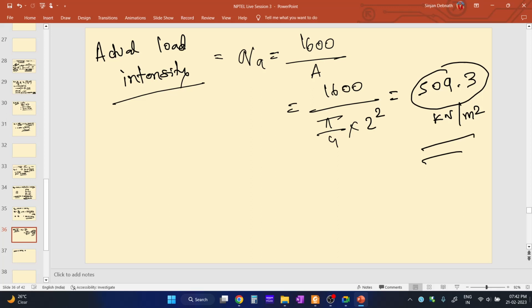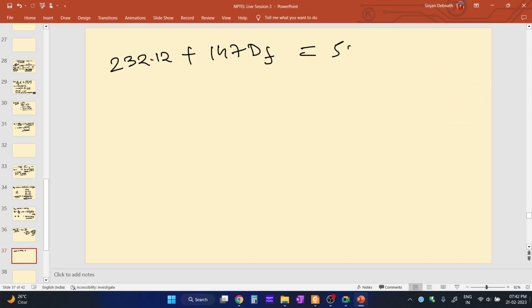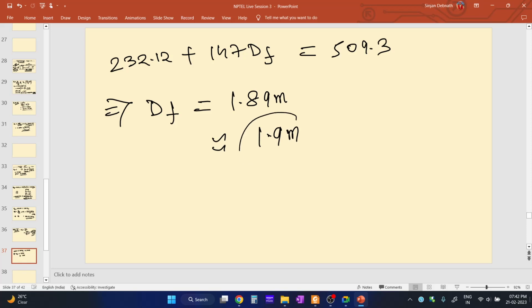So 509.3 is the allowable load. Now if you solve this equation, the Df will come out to be 1.89 meter. So that is approximately 1.9 meter.